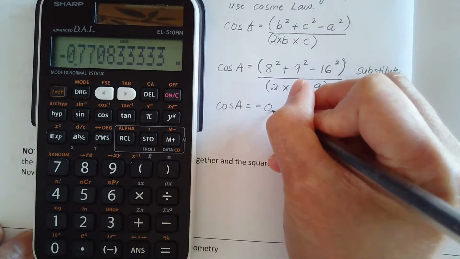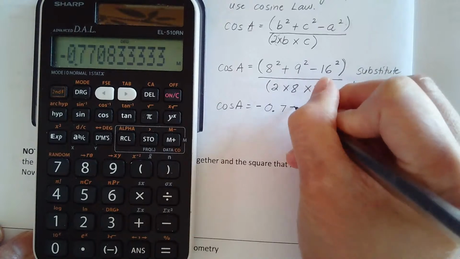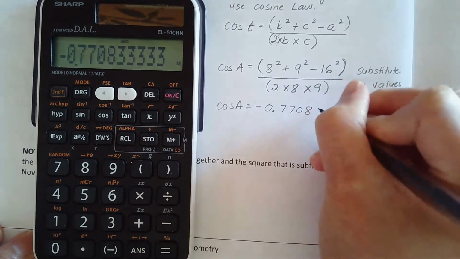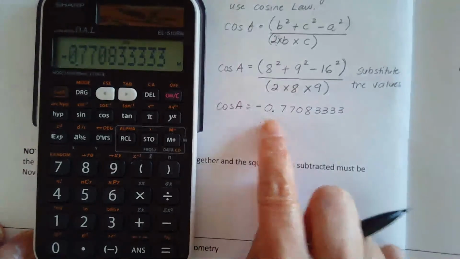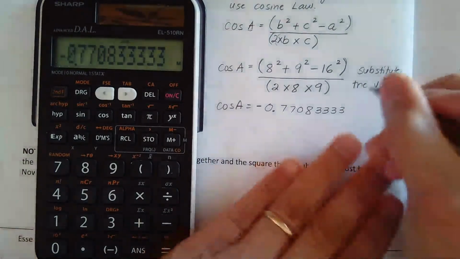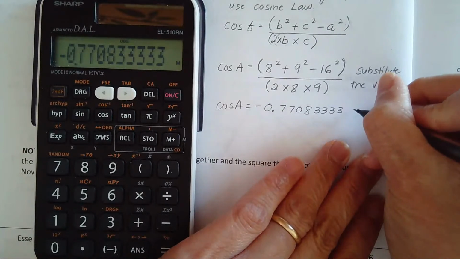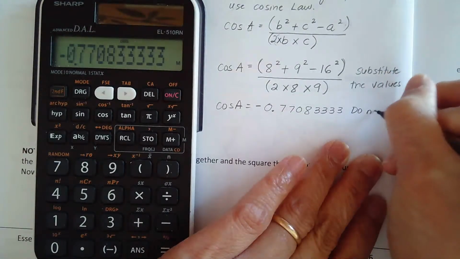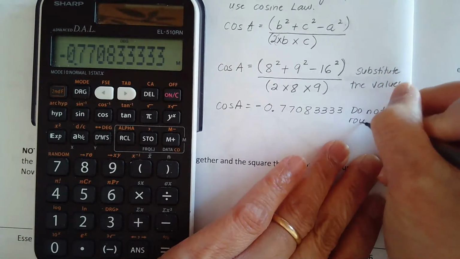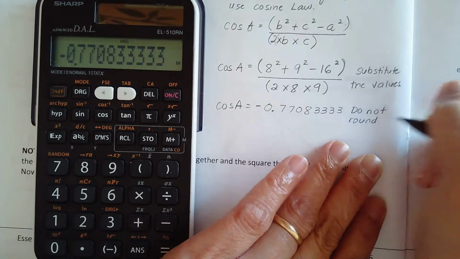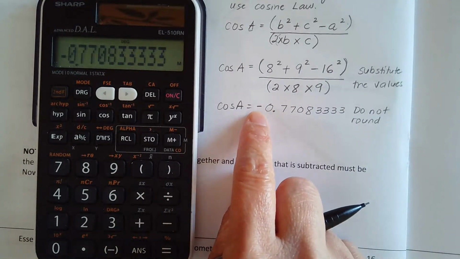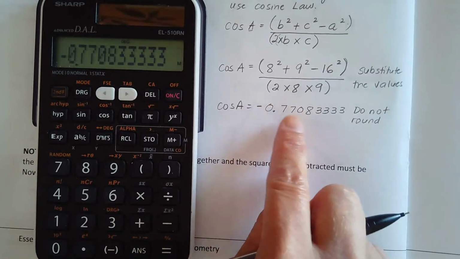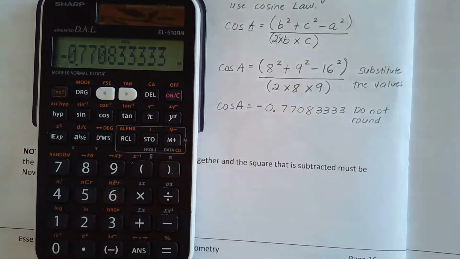So 0.770833. Don't round off here. Keep the decimal values there, and then keep also the negative.